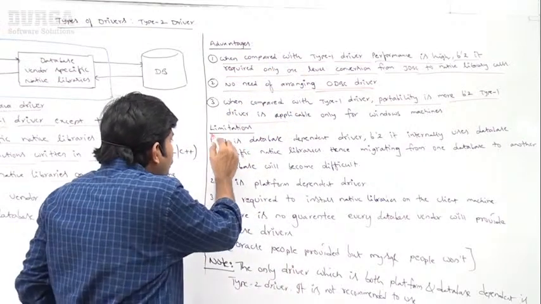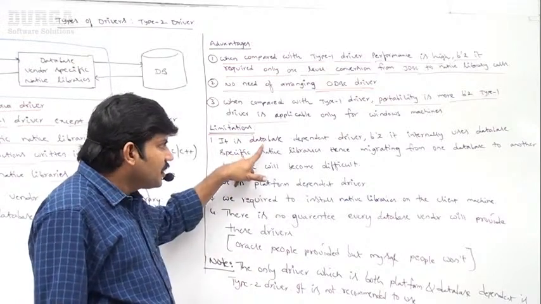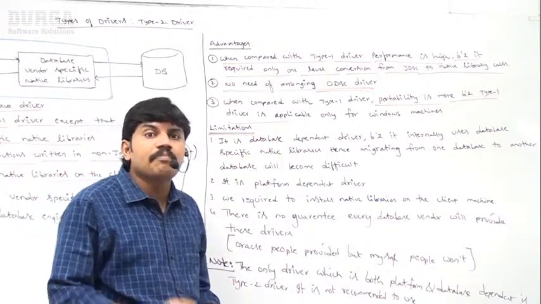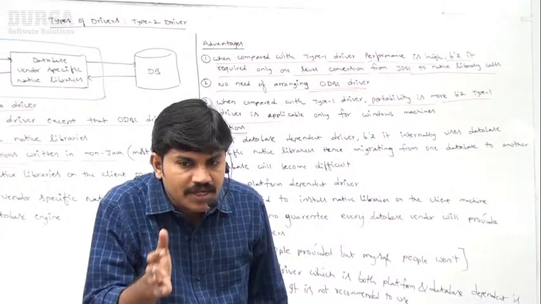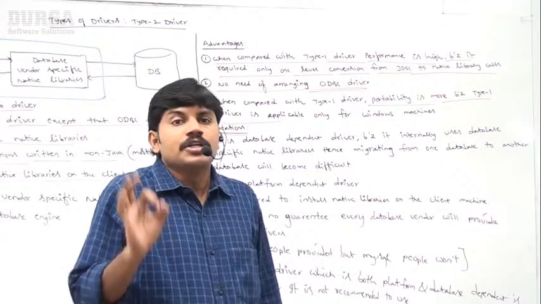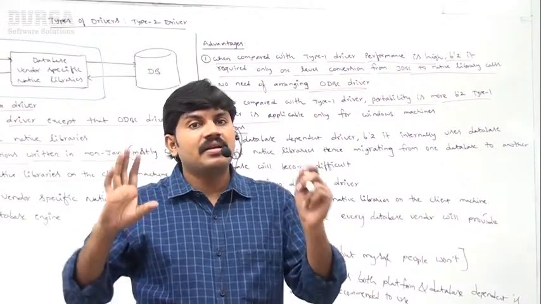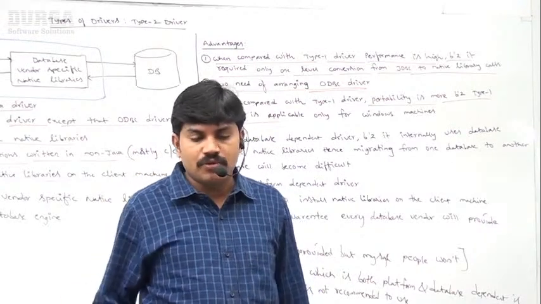But what various limitations are there, sir? It is a database dependent driver, because the type 2 driver communicates directly with the database specific native libraries. Migrating from one database to another is very difficult. Today I am using Oracle.